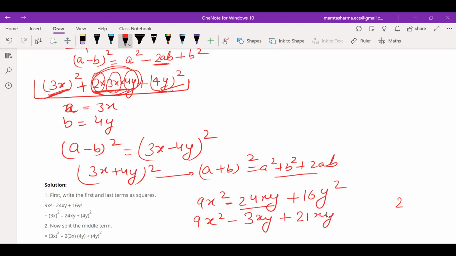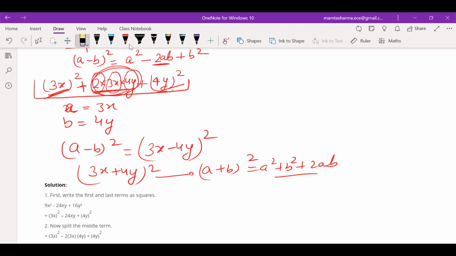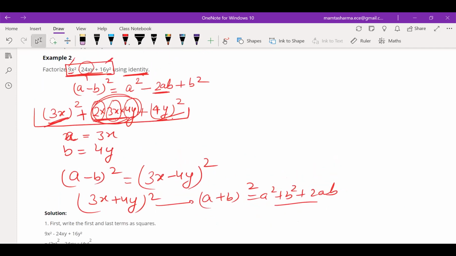Actually, this will be quite tough. This method will be on a hit and trial basis. So don't waste your time splitting this term. If you can directly see that we can fit an identity, why unnecessarily waste your time? Just check your first term and third term. If they are perfect squares, you have to fit any of these three identities. Is it okay?